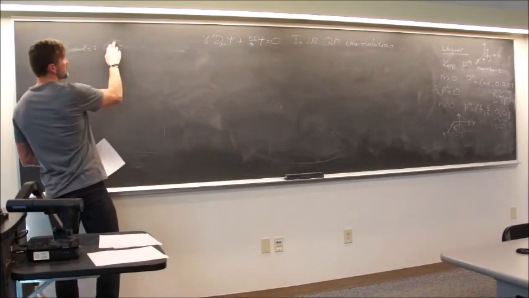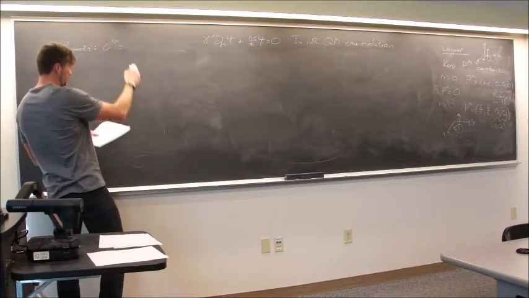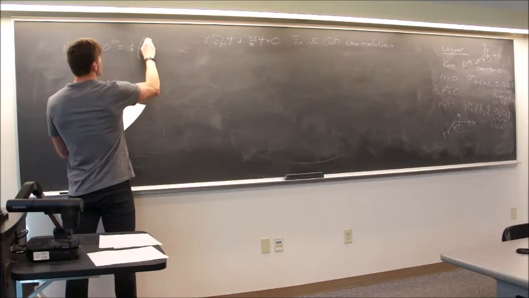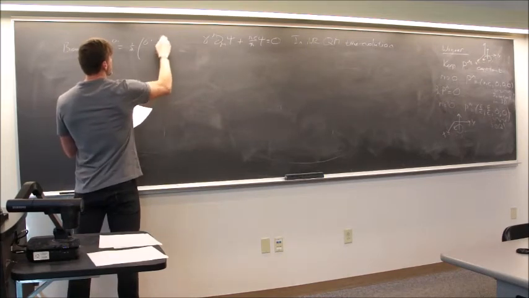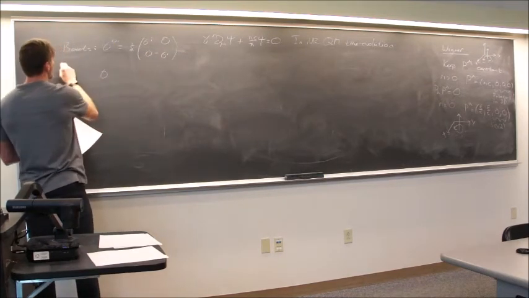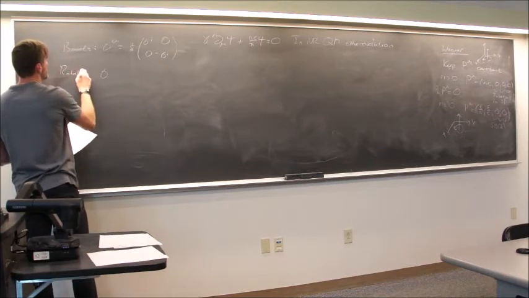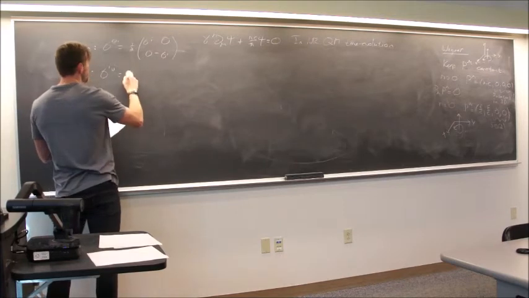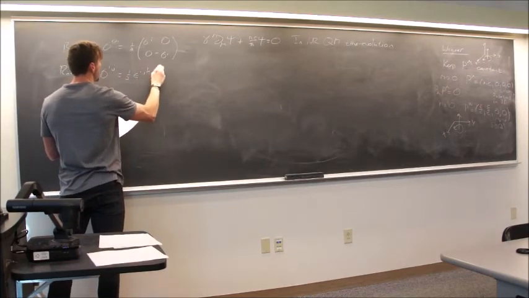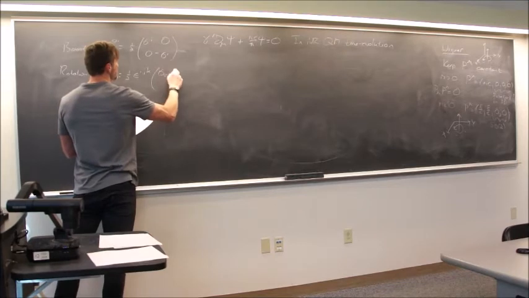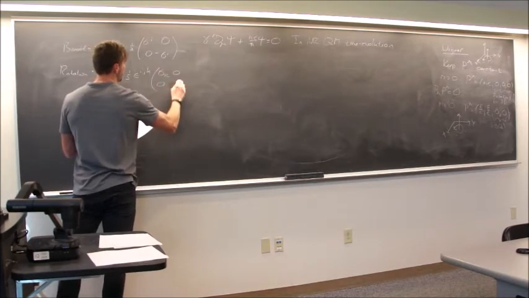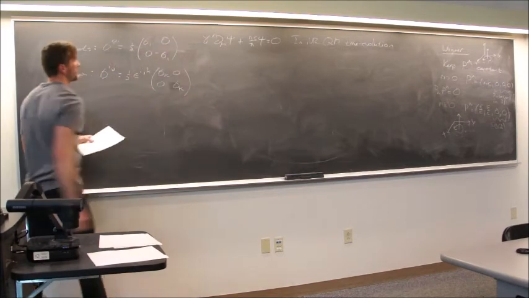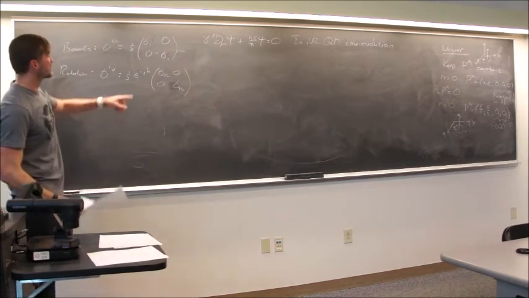So if I do a boost, which is having one of the gammas be 0 and the other one be a spatial, then this just comes out to i/2 (sigma_i, 0; 0, -sigma_i). And if I do a rotation, taking both of these to be spatial, this just comes out to be 1/2 epsilon_ijk (sigma_k, 0; 0, sigma_k). I don't distinguish between upper and lower indices of the sigmas.